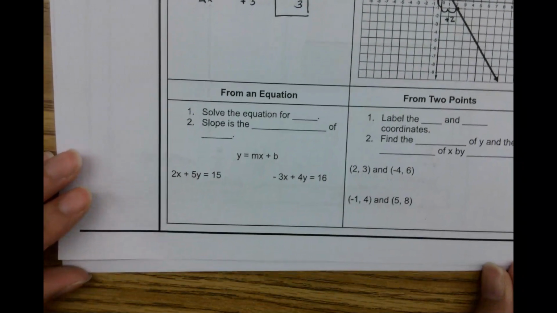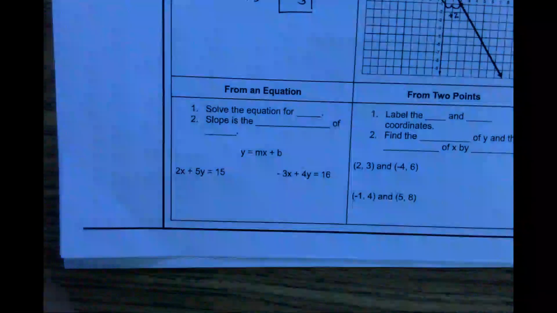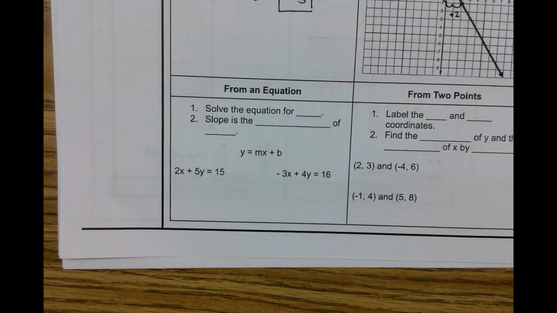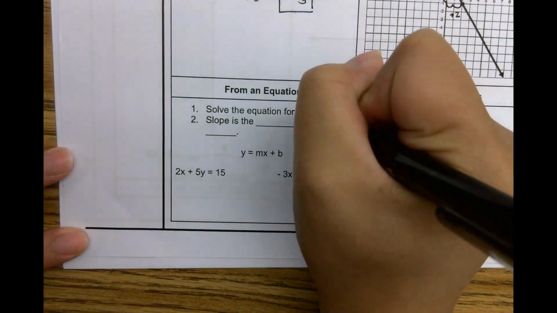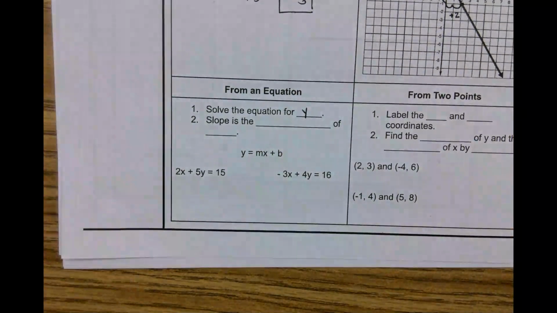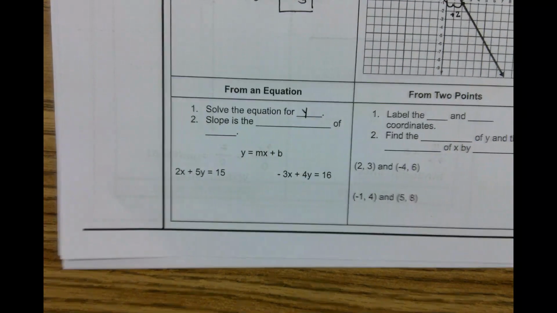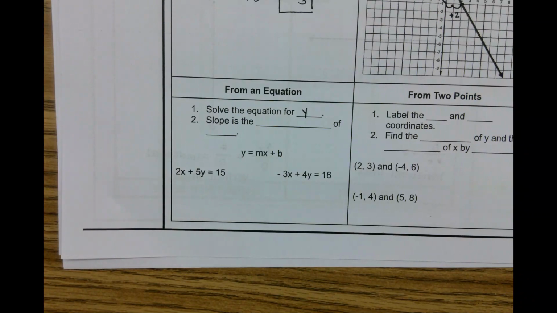So what if we're doing it from an equation? Okay, so if we're doing it from an equation, what we're going to do is we're first going to solve the equation for y. The reason why is because this changes it into slope-intercept form, which we'll talk more about later.